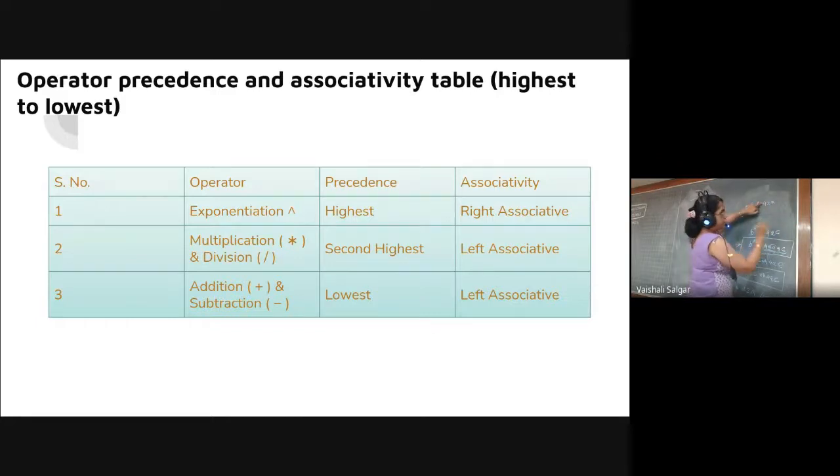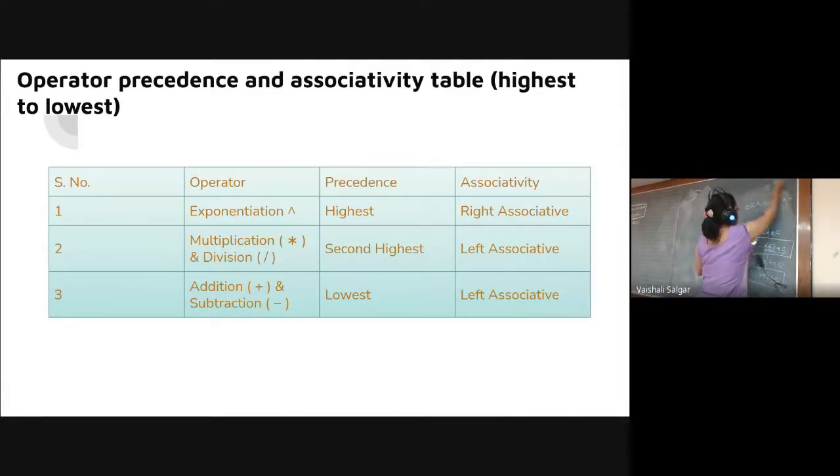The evaluation is not done yet. So I'm evaluating this: 4A asterisk. After that, this answer is multiplied by C, so I will have C and then the asterisk sign. And then after that I will have the minus also; this minus sign will be shifted.